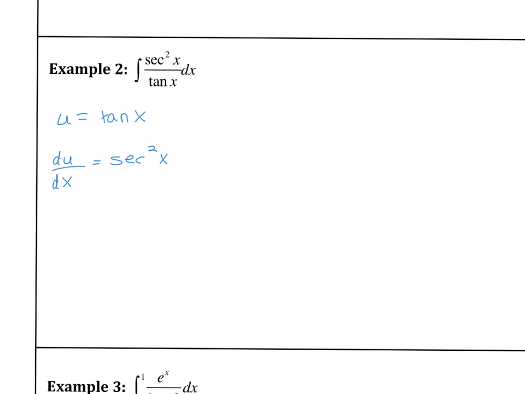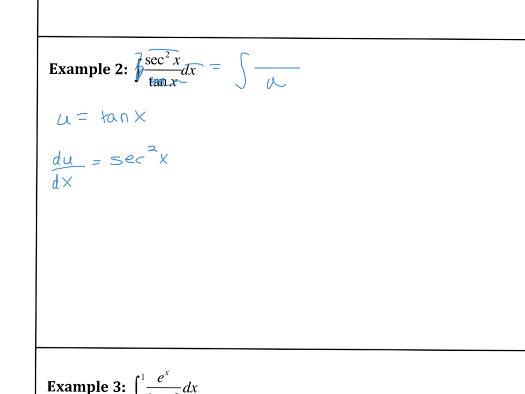All right, so let's start to rewrite our integral. On the bottom, instead of tan x, I can write u. And now here's a nice little trick that I like to use. You can address these individually. You can say, what is secant squared, and then what is dx, and solve for each of those individually and pop them in.